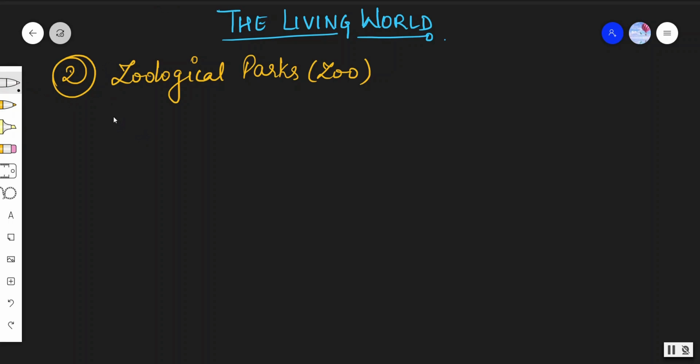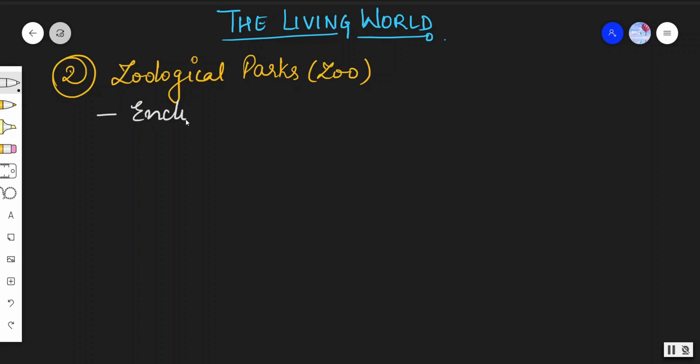So what do you mean by zoological park? Actually, we all know it by its general name, that is zoo. We all go to the zoo to entertain ourselves and to get some knowledge as well. So how can we explain zoological parks?